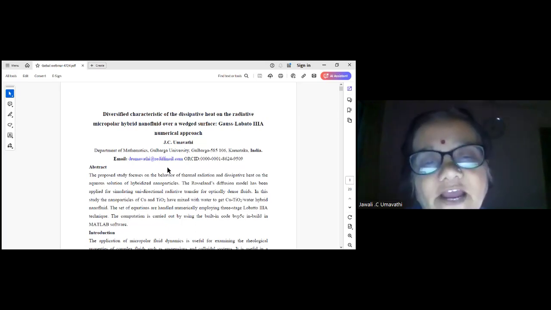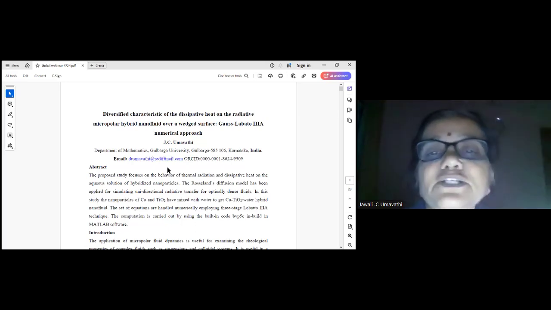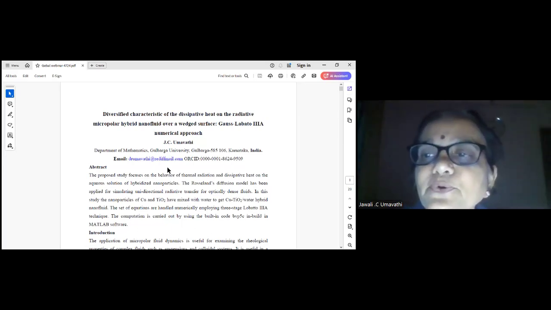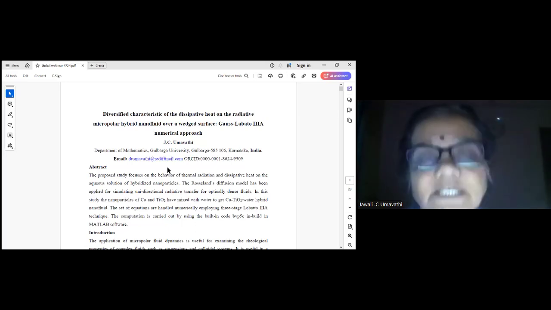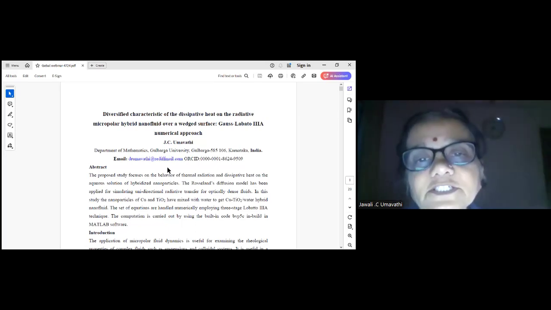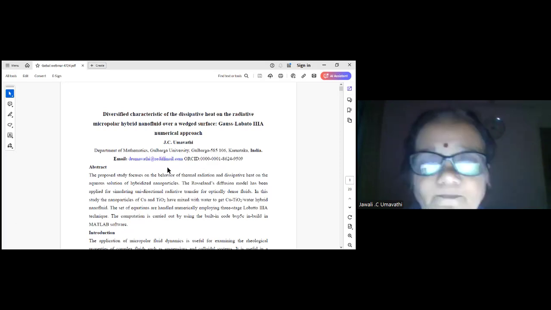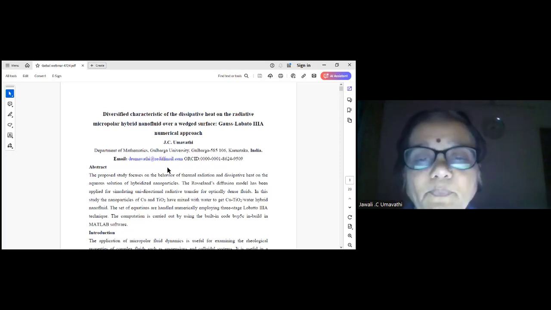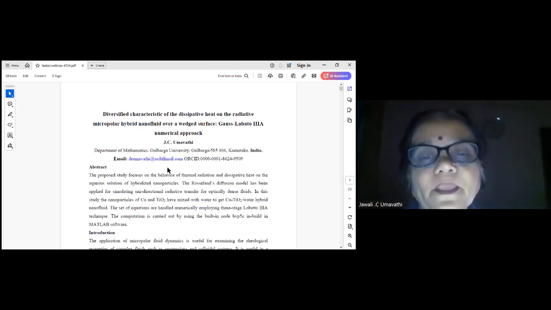Not only that, why I am much fascinated with this fluid is because of micropolar fluid. The word itself tells us: micro means it is small, polar means you have polarization.